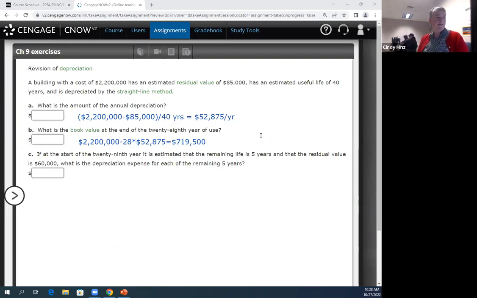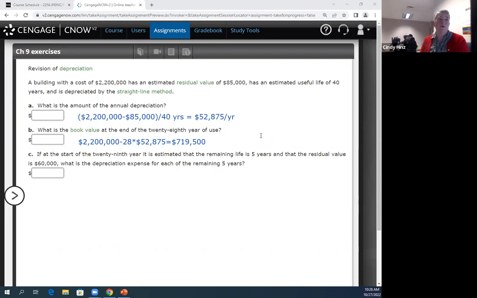Letter C says, if at the start of the 29th year, so we've just recorded year 28 of $52,875 worth of depreciation. And at the beginning of the 29th year, they looked at this and said, you know what? We thought we'd use this for 40 years. We thought we had 12 years left for depreciation. But we're now looking at this building saying it's not still going to be good in 12 years.